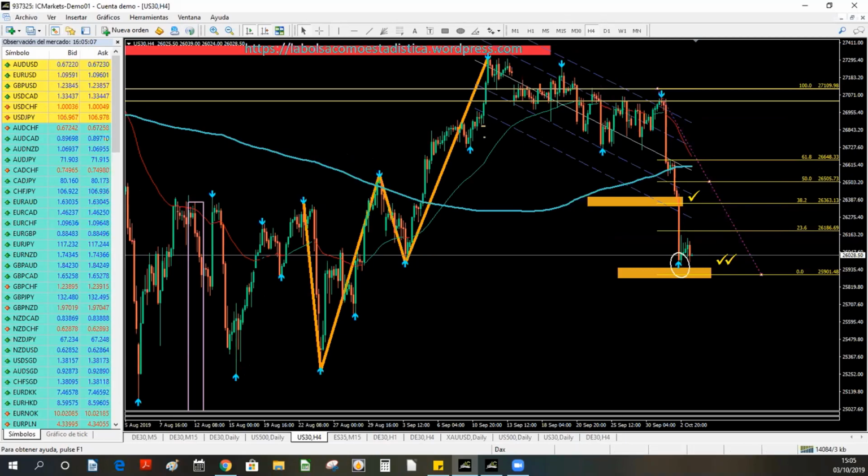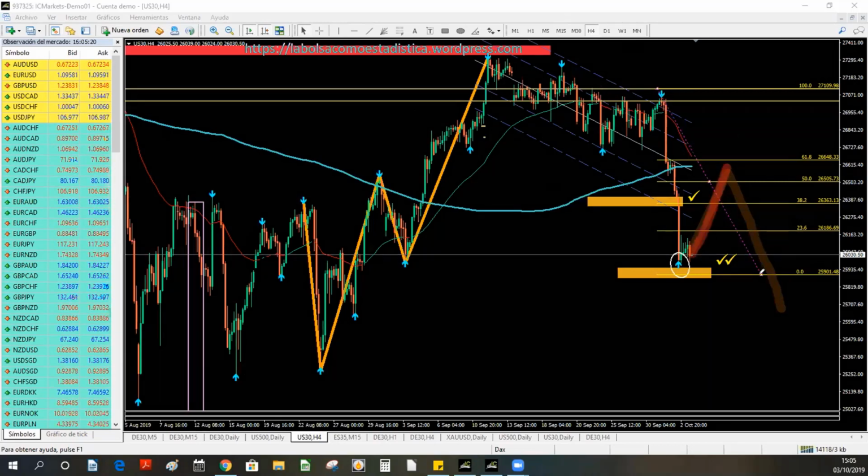I think I can. So you'd look for a 38 to 61.8% retrace. Okay, Dale, this is the area for me, where we can expect the price to reject, this 71.8.